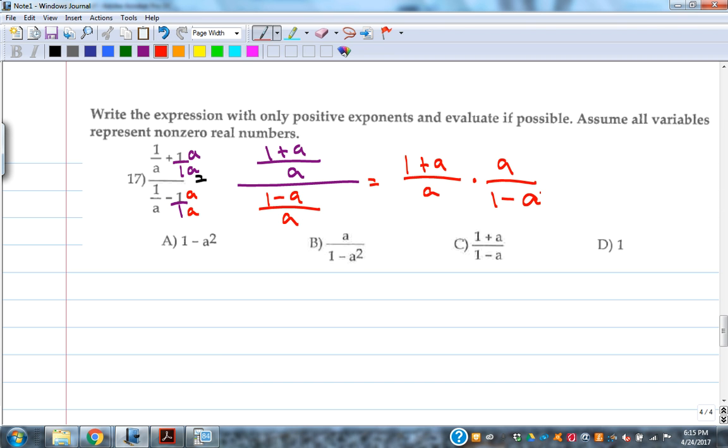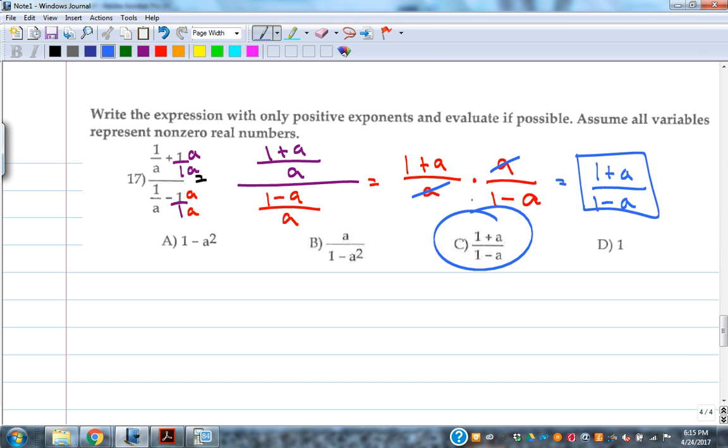And then you cancel out these a's. You get 1 plus a over 1 minus a. Matches up perfectly to C. So getting a common denominator on the numerator, simplifying, and working it out, and then getting a common denominator in the denominator, working it out. Flip the bottom one, multiply.